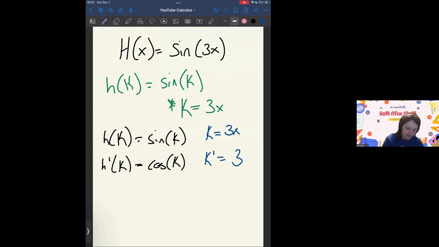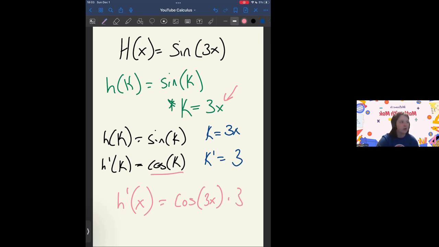So h prime of k, or of x, equals cosine that I got from here, and I plug back in my k. That's not enough, right? Because that's no different than just using my memorization and plugging it back in. It doesn't change that much, right? So now I have to multiply it by the k's derivative.